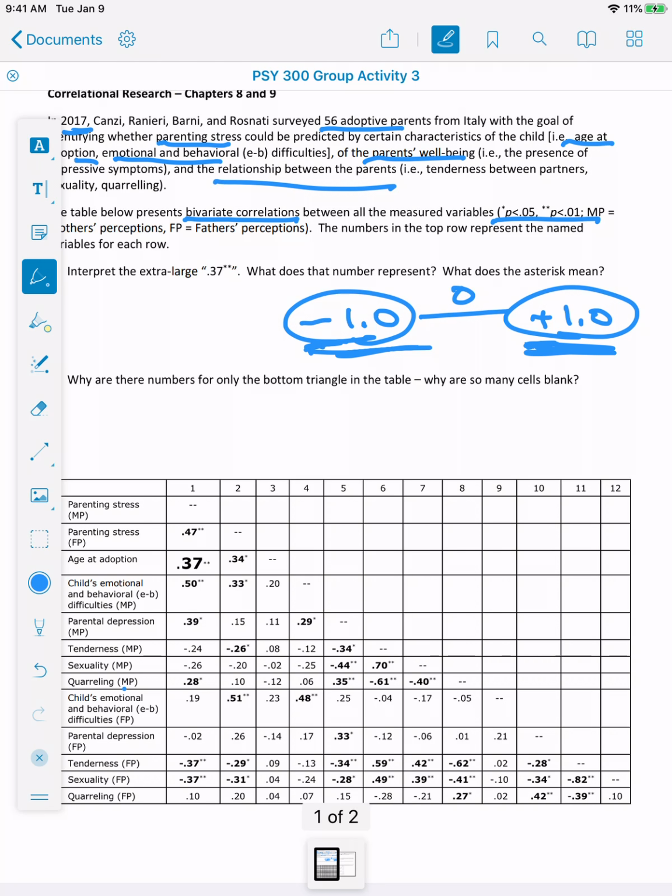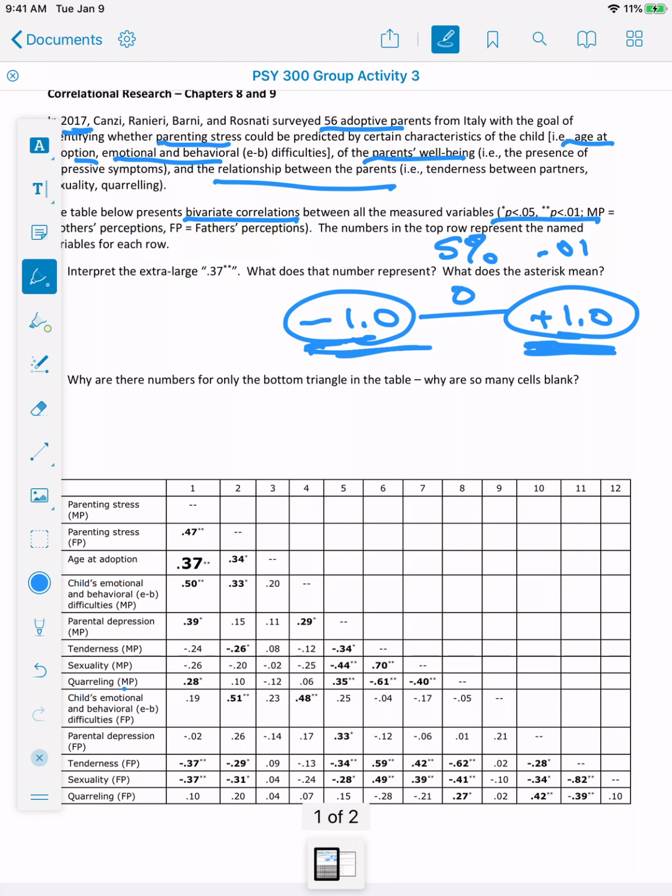So a p-value of less than 0.05 indicates there's a 5% chance those numbers could have happened just by chance, 95% probability that those numbers mean something, that there's an actual correlation. When I have a p-value of 0.01, that's a 1% chance those numbers could have happened just randomly based on my sample.